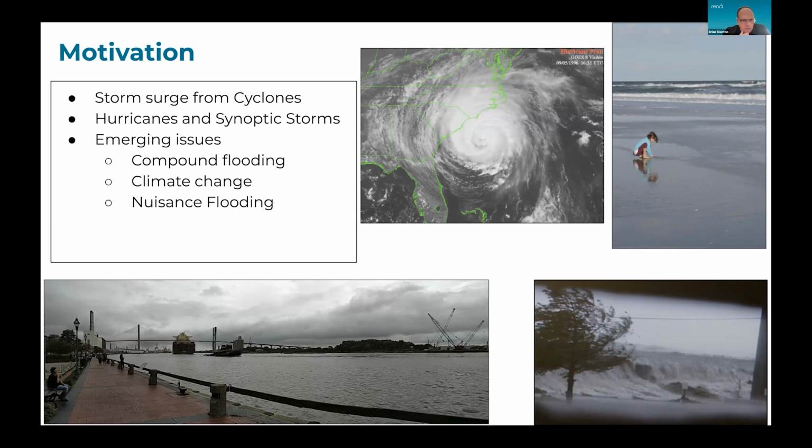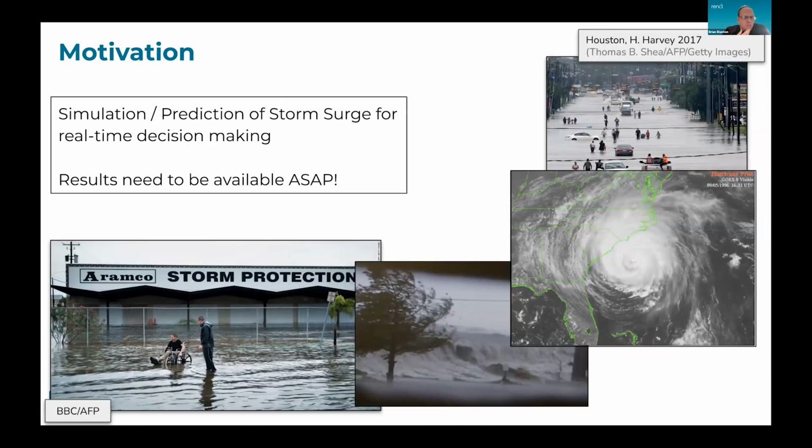So the next slide says that what we want to be able to do is make predictions about storm surge and provide that information to other entities that can use high resolution, high fidelity information for decision making in near real time. And the near real time imposes quite a lot of constraints on how we compute and, more importantly, how we disseminate that information, because the results have to be available as soon as possible.